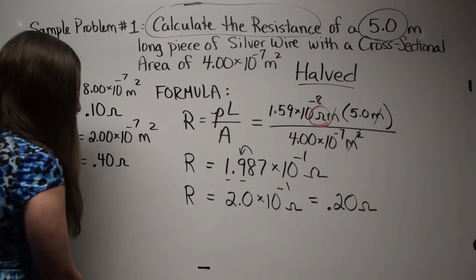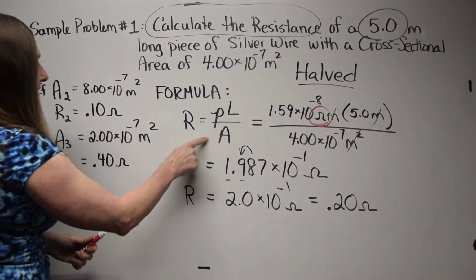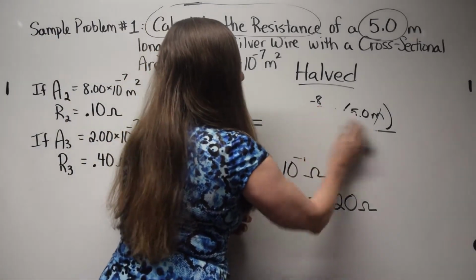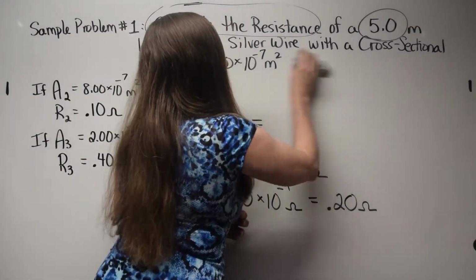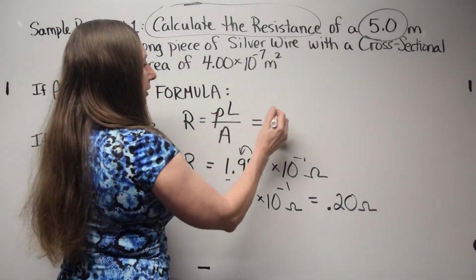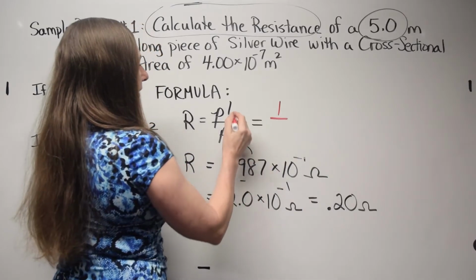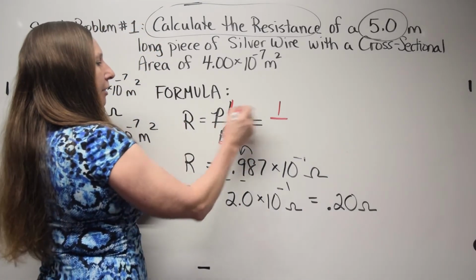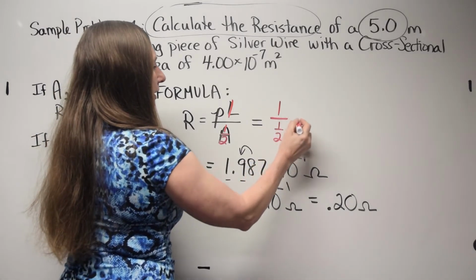Now let me just show you quickly why halving the area doubles the resistance, because you might not see that right away. I didn't change anything on top, so I'm going to put a 1 up on top. The bottom was halved, so we're getting 1 divided by 1/2.